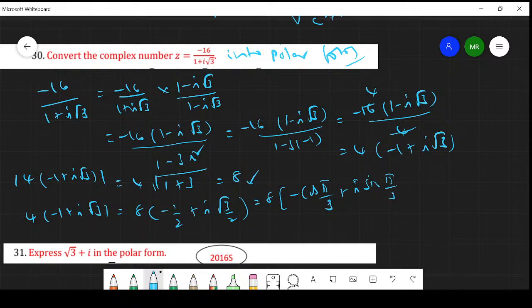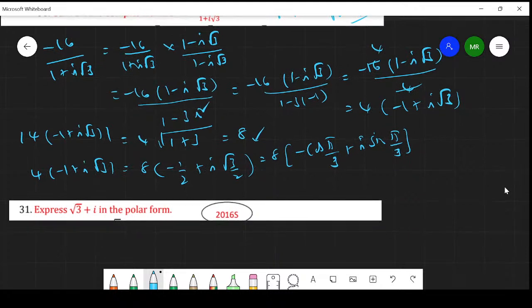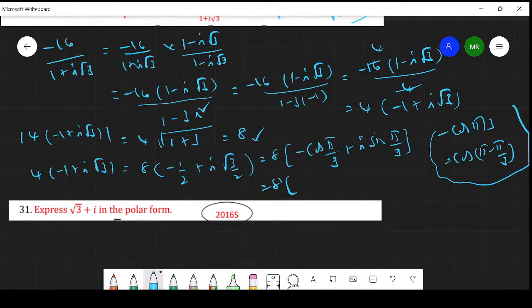In previous problems I suggested to you, whenever there is minus cos alpha, write cos of pi minus alpha. Please follow that. I can write minus cos pi by 3 as cos of pi minus pi by 3, which is cos 2 pi by 3. So remember this: minus cos alpha is cos of pi minus alpha. So I can write 8 into cos 2 pi by 3 plus i sin 2 pi by 3.